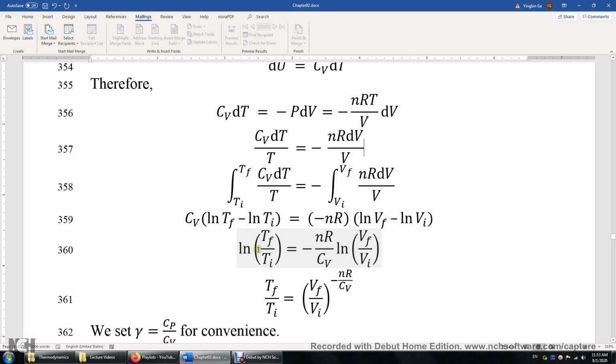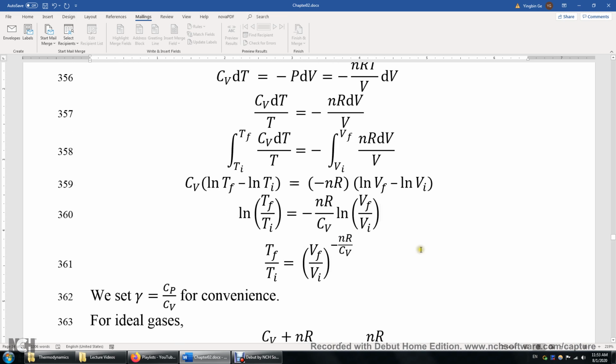We get the logarithm of the ratio of temperatures equal to a constant times the logarithm of the ratio of volumes. Then Tf over Ti is simply Vf over Vi to the power of negative nR over CV. So if you know the ratio of Vfinal to Vinitial, the value of CV, and the initial temperature, you will be able to compute the final temperature of the ideal gas after the reversible expansion or compression.